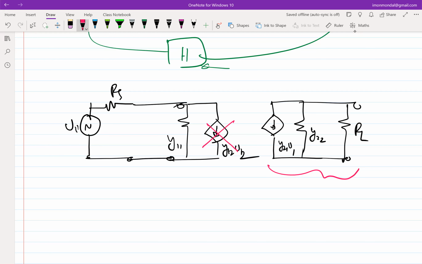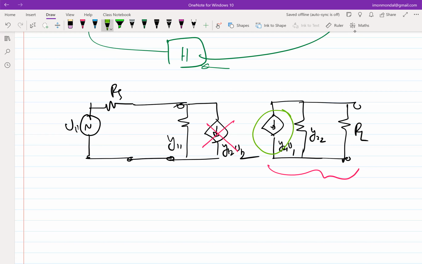But now if I switch to the completely circuit domain of understanding, and want to explain why Y22 should be 0, looking at a circuit, then what explanation can you think of? No, I'm only talking about this part of it, right? So forget about the input part, output part of the network.